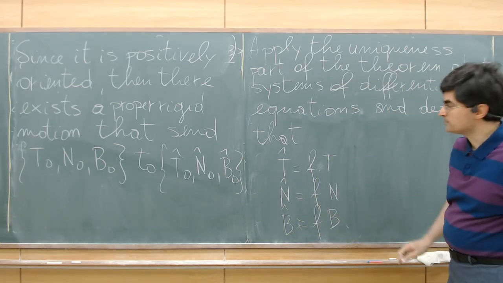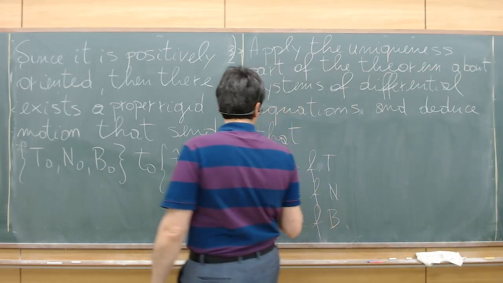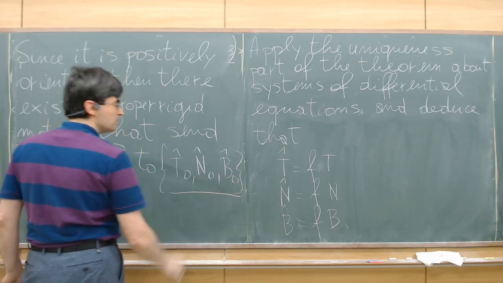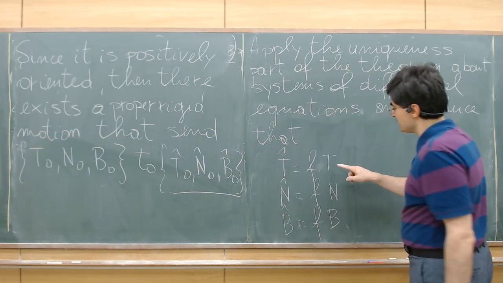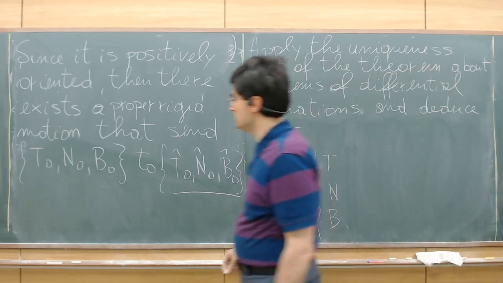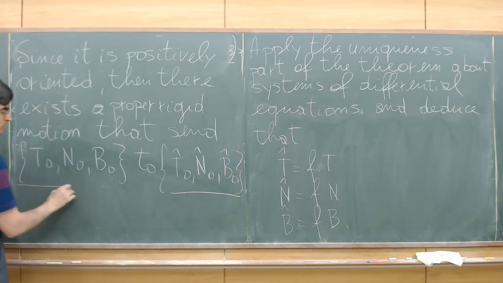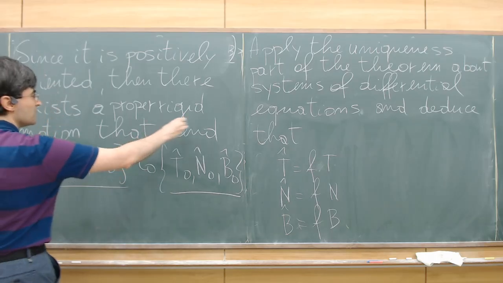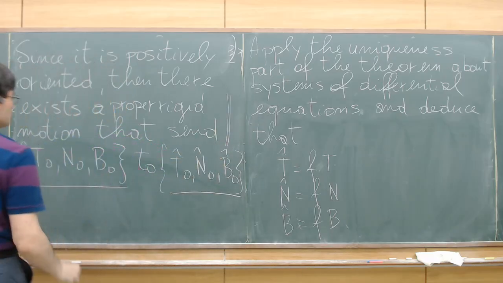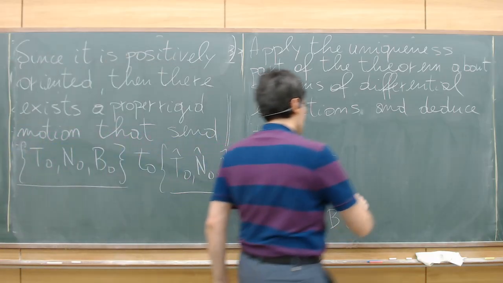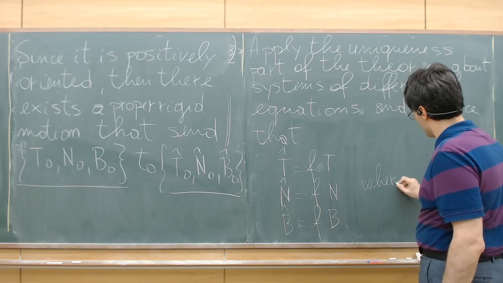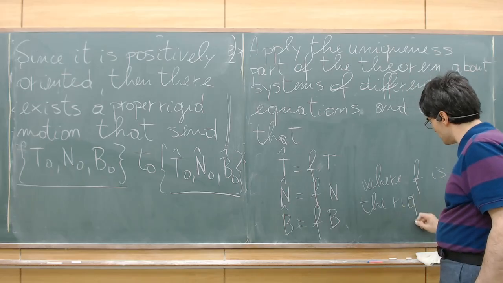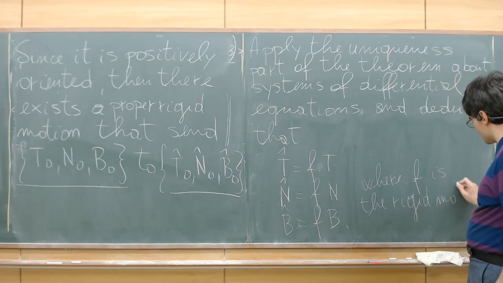Why is this true? Because T hat, N hat, B hat have this as initial condition, and T, N, B have this as initial condition, and the relation between these two initial conditions is written here, where f is the rigid motion.